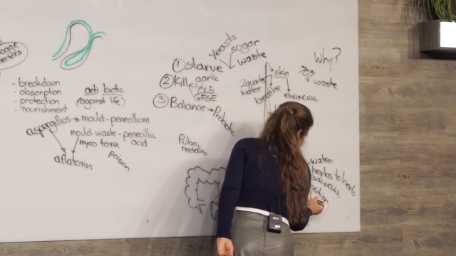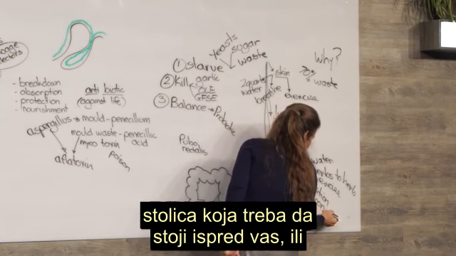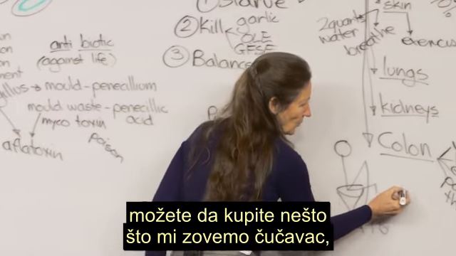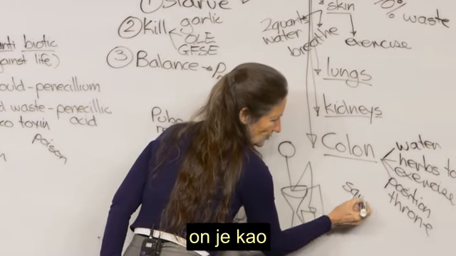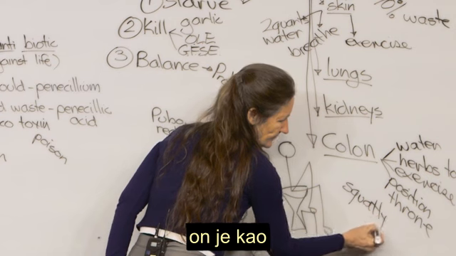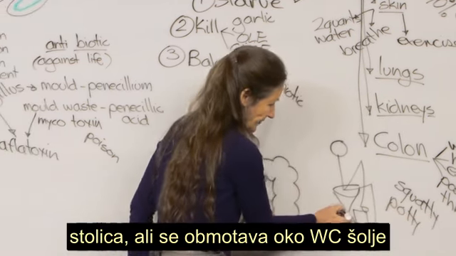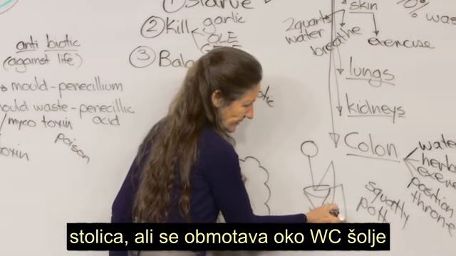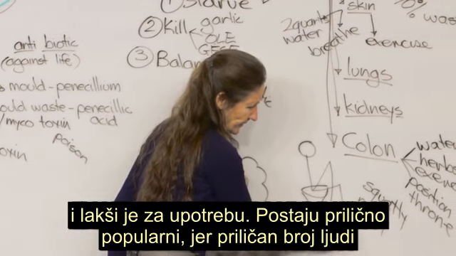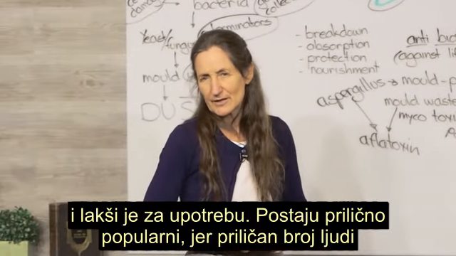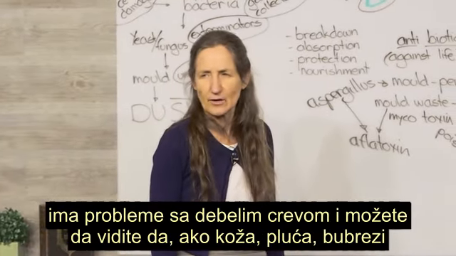Position on the throne basically is the little stool in front, or you can buy something called a Squatty Potty. A Squatty Potty is like a stool, but it wraps right around the throne, so it's a lot easier to use. They're becoming quite popular because so many people are having problems in their colon.